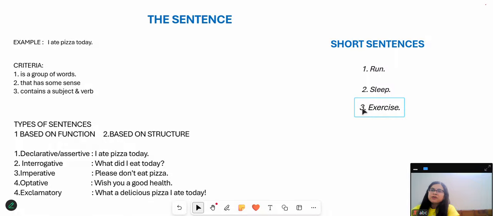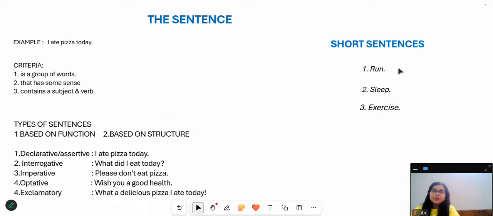Dear friends, you must be wondering that there are a lot of sentences in English which are as short as a single word. How come? Let's see. If I say, run, you will say that I have written just a verb.